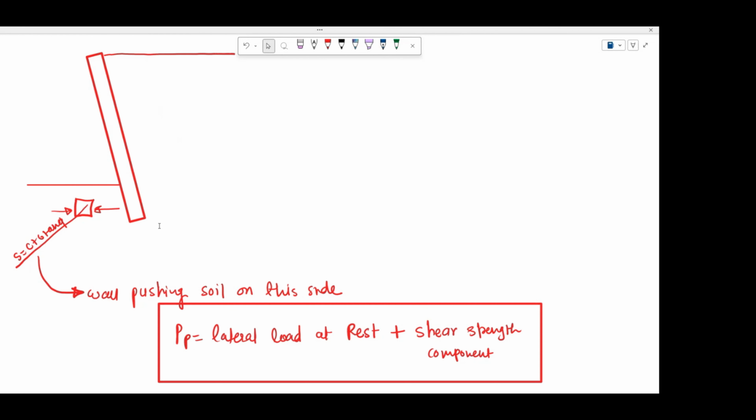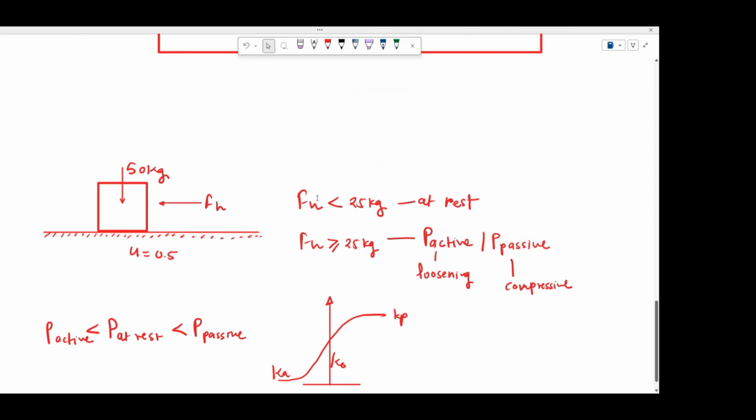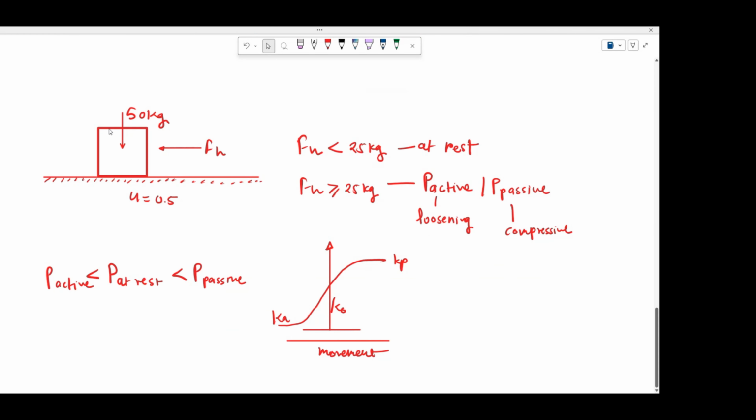Why exactly is there a deviation between these three values, and why is there a difference in pressure just by the movements? I'll also give a simple analogy to keep that in your subconscious. Let's assume a block, a box, which has a weight of 50 kgs, and the coefficient of friction between the block and the surface is 0.5.